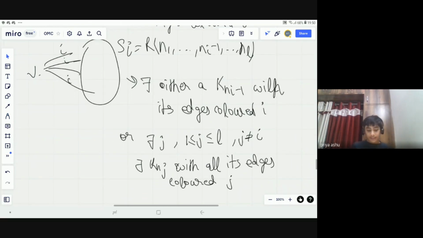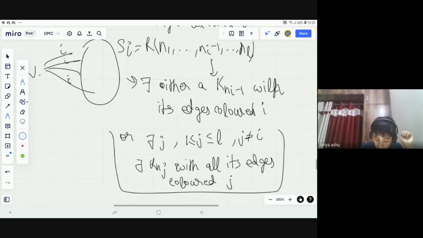Just because of the way we defined R of n1, and so on until nl, we would either have a K n_i minus 1 with all edges colored I, or there is a j such that we have a K n_j with all its edges colored j. If we have the latter, then we are done because that's what we wanted.